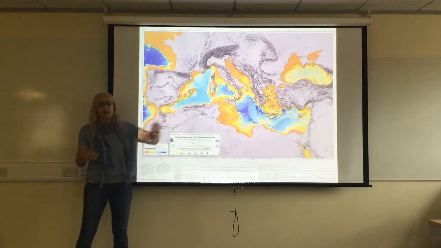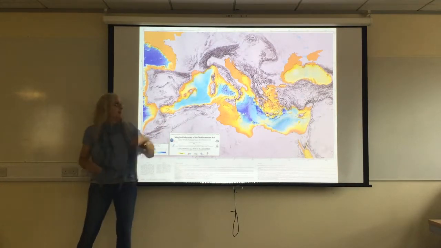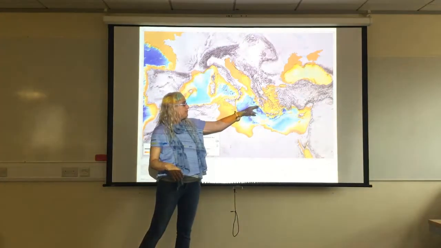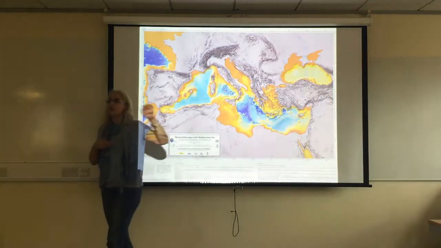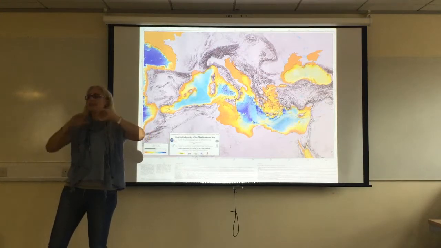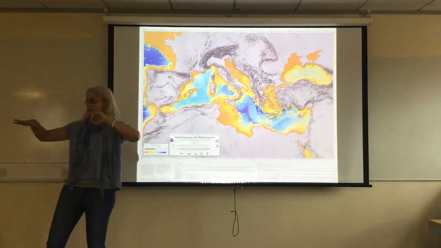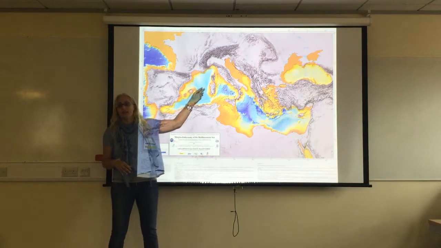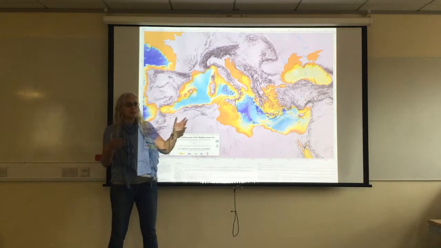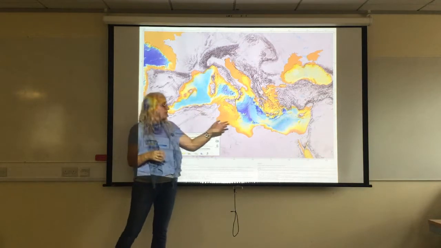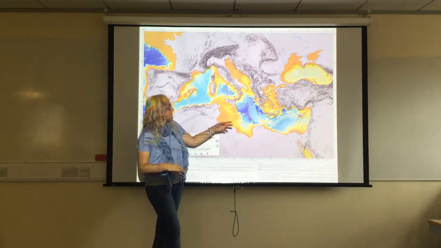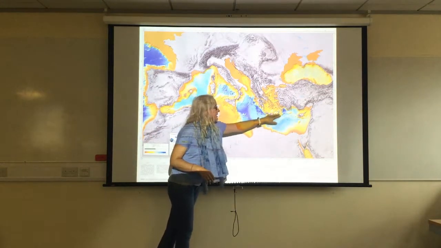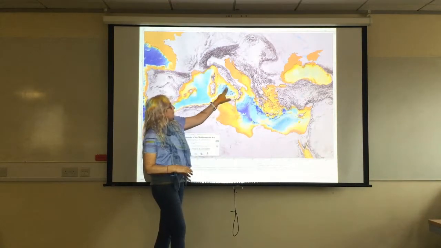As you can see, the blue colors indicate the deepest part, and the deepest part is here in Pylos, the southwestern part of Pylos. 5,200 meters is the deepest part of the Mediterranean Sea. So you can see the valleys, the plains. Yeah, it's not abyss. The depth is almost 5,200 meters. Also, you can see the trenches here, and also the volcanoes here.